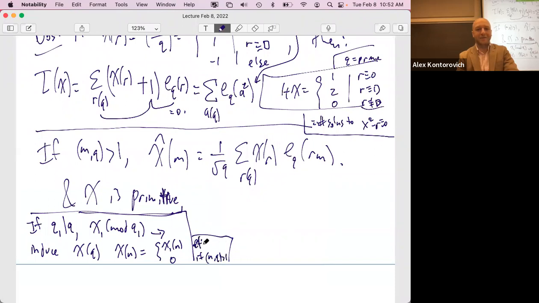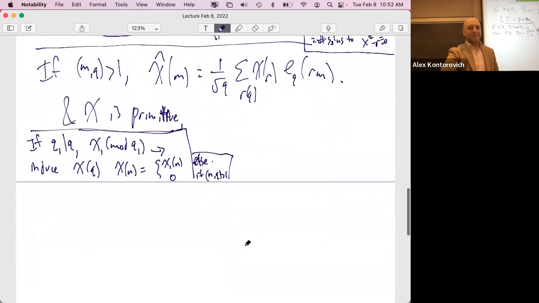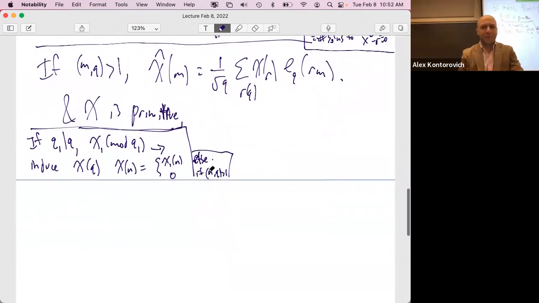It's in a sense a character modulo another number. Exactly. We should do an example just to see what this is, and then we'll come back and finish this calculation.